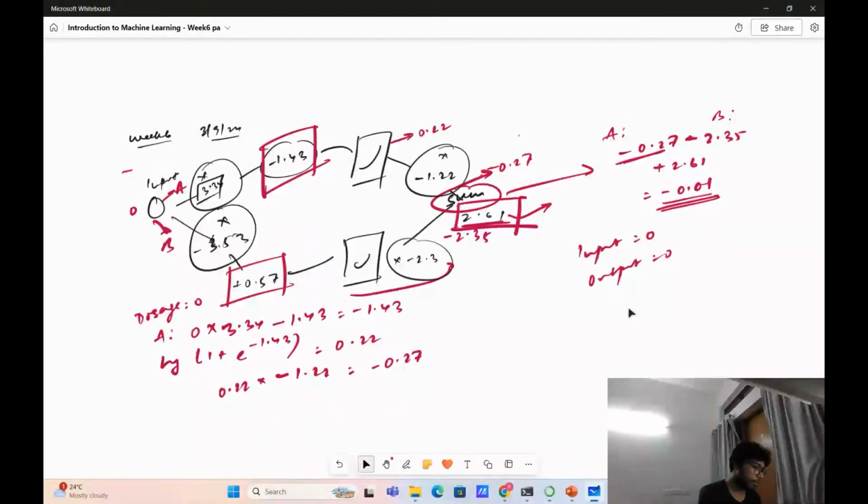So these four are the weights: 3.34, 3.53, 1.22, 2.3. Whereas the red ones are the bias. Weights have to be multiplied and summed up with bias. Is that clear?